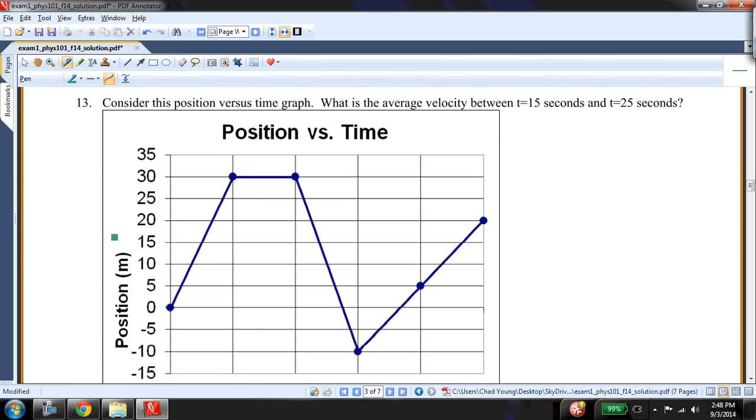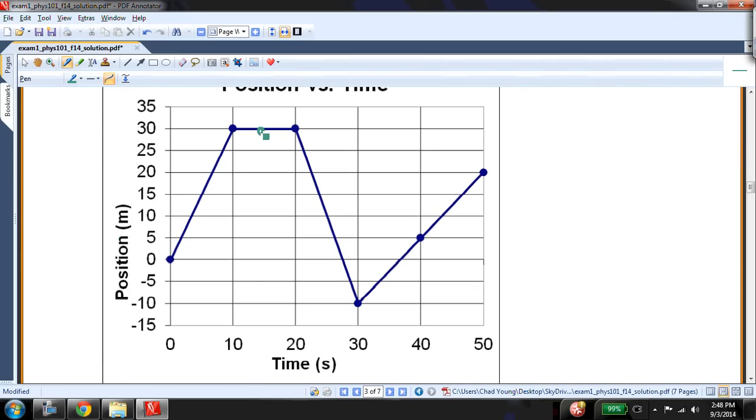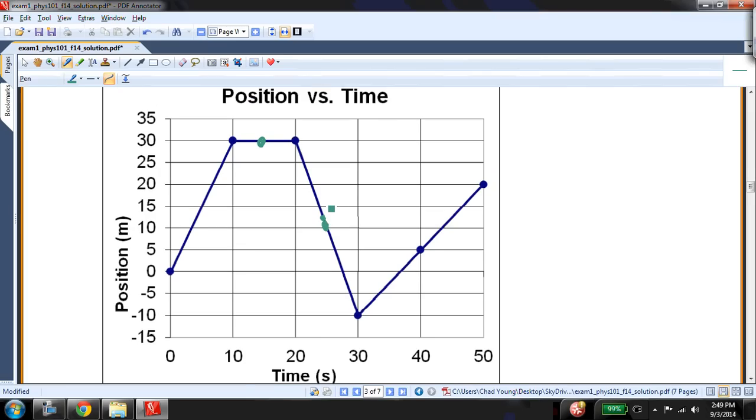All right, consider this position versus time. What is the average velocity between 15 and 25 seconds? So I'm looking here, and I'm looking, let's see, where's 25? 25 looks to be right there. I think it's right there. So I want to know what is the average velocity.